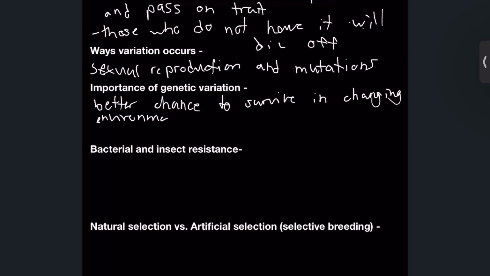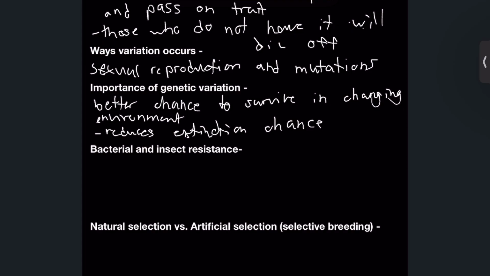This also reduces the chances of extinction because it's more likely that at least some individuals in the population will survive. That's why you really want genetic variation, and that's why organisms that sexually reproduce and have random mutations are more likely to survive for longer.